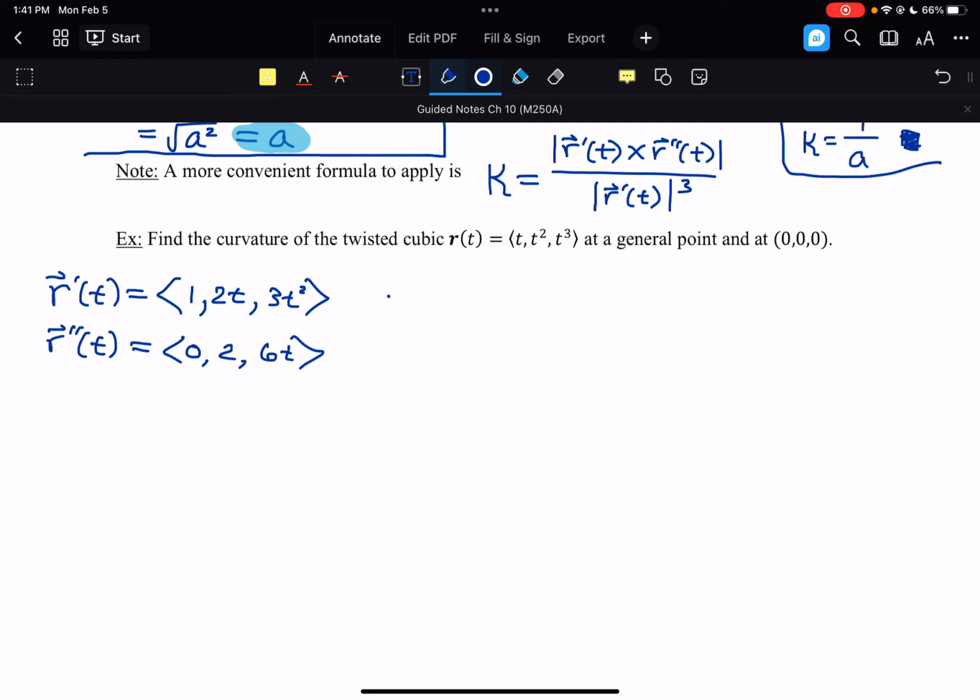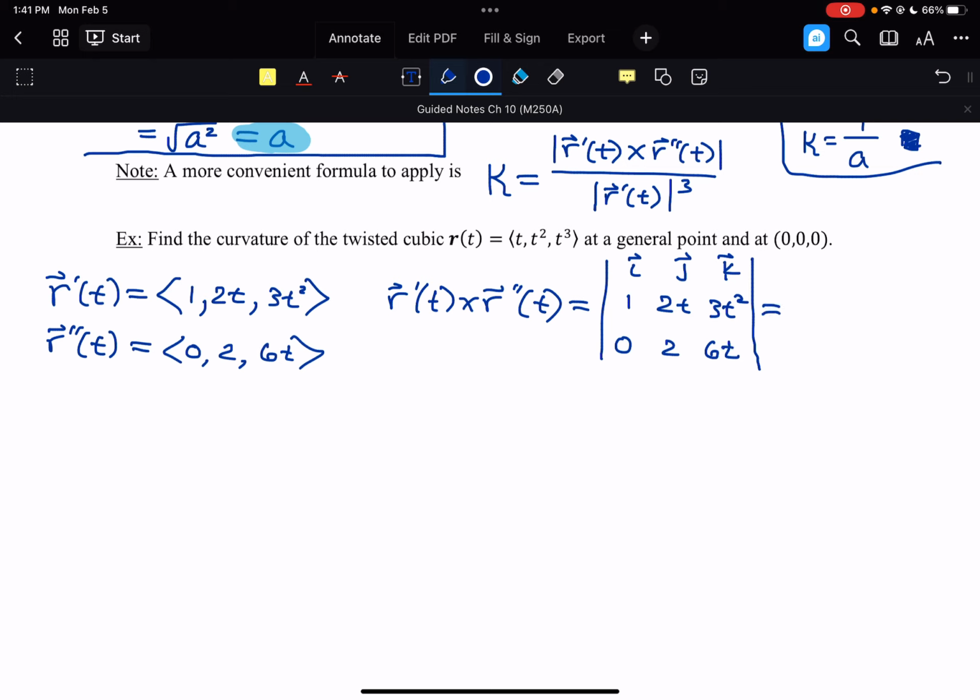We need to get the cross product, so we'll do r prime cross r double prime. That's i, j, and k. So 1, 2t, 3t squared, 0, 2, and 6t. If we do the i component, so you take ad minus bc, we're going to get 6t squared i minus the j component, so block off that and do the 2 by 2, so minus 6t j.